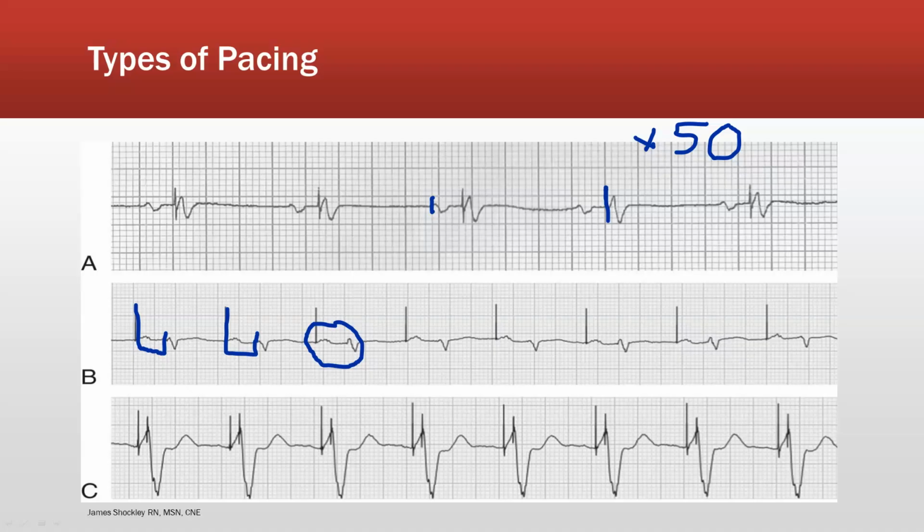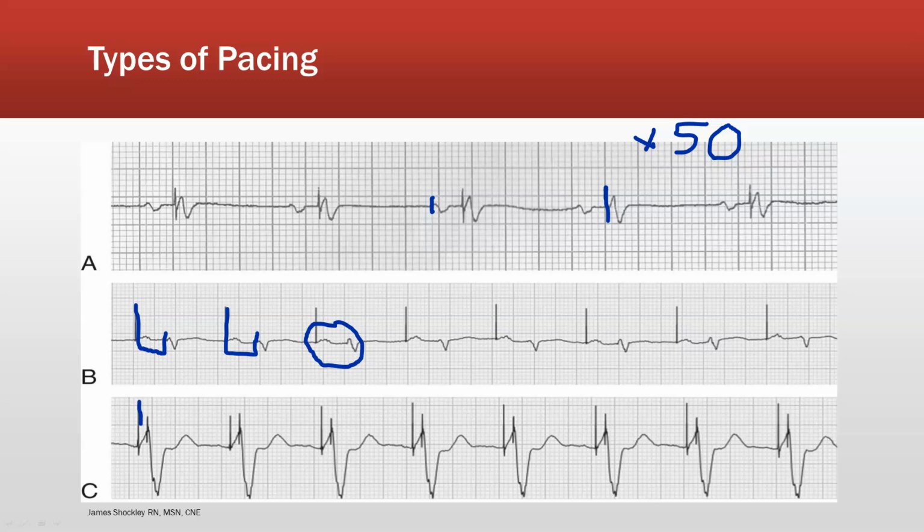In C, what it looks like probably happened is that somewhere along the way, this client's SA node has failed. Various reasons. If you have MI, heart failure, you could have sick sinus syndrome. Our body is breaking down as we get older, and my SA node no longer can maintain cardiac output.